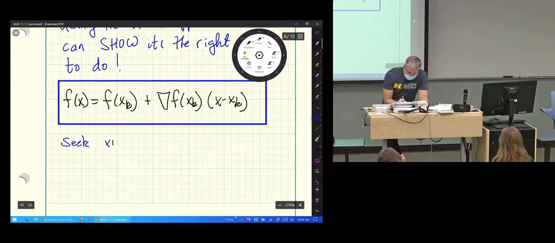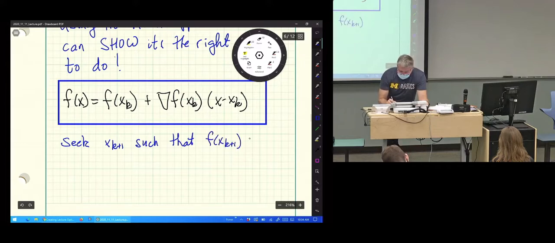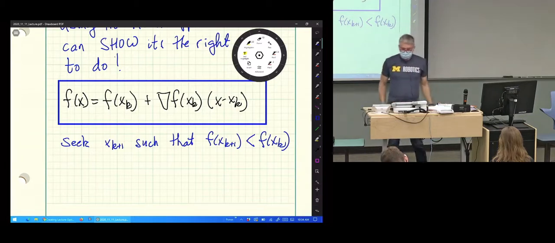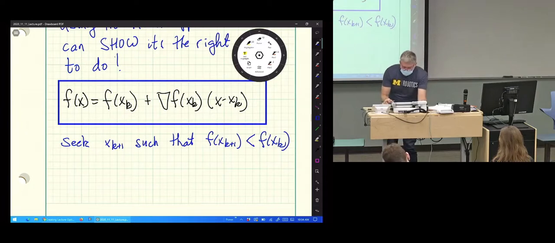We seek an xk plus 1 such that f of xk plus 1 is smaller than f of xk. So that's what we're trying to do. We're trying to minimize. You want to find the direction to go to make the function smaller.